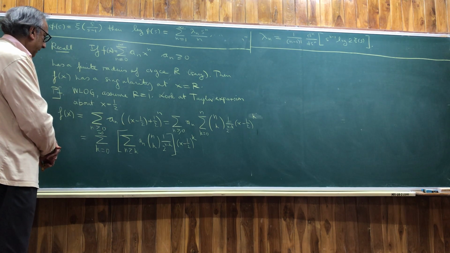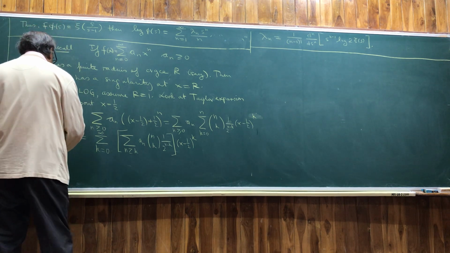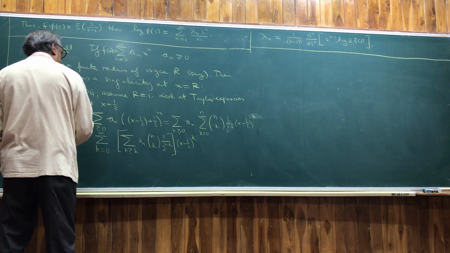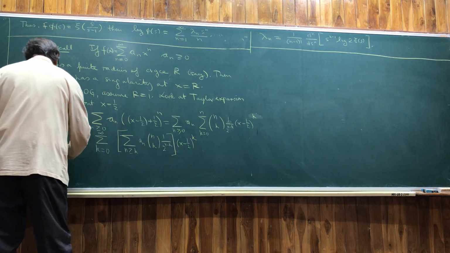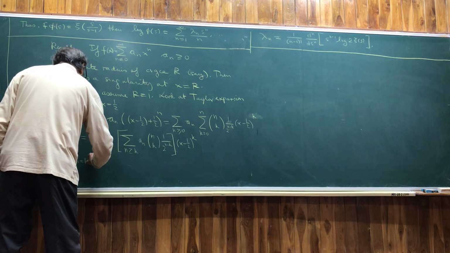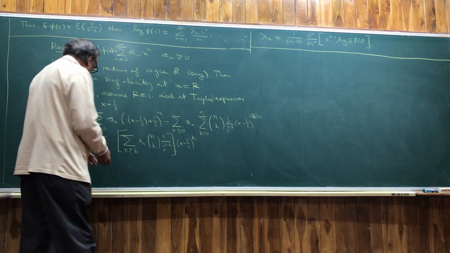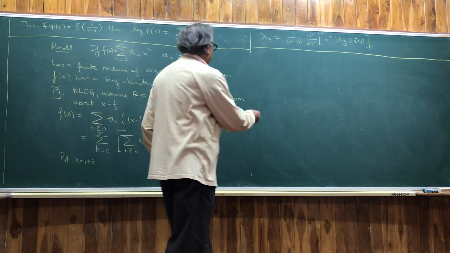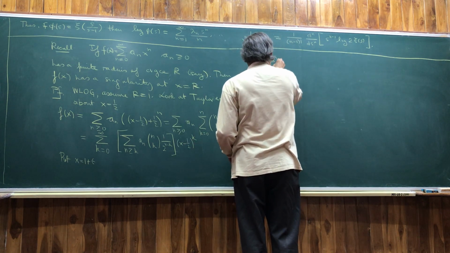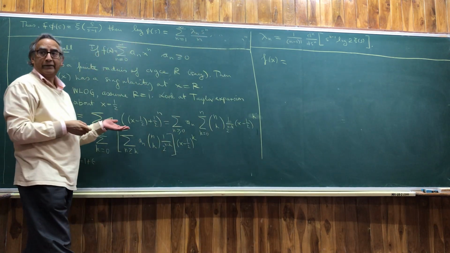Now, if there is no singularity at R equals 1, then there's a small neighborhood in which the function is analytic. I can put x equal to 1 plus epsilon. By the way, I can interchange this because of the non-negativity of everything.